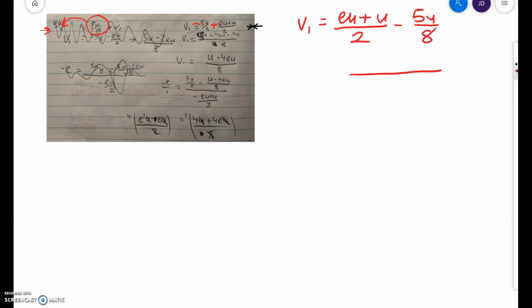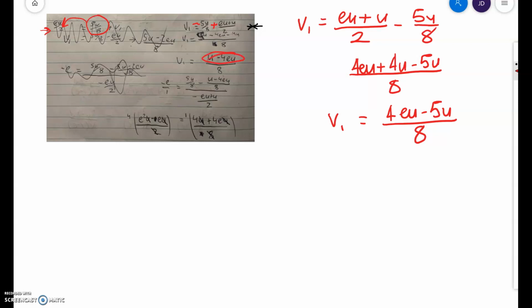You'd still get your common denominator of 8. That'd be multiplied by 4: EU plus 4u minus 5u. So you'd get 4EU minus 5u over 8 for your V1. So your signs are wrong here, and this is incorrect.